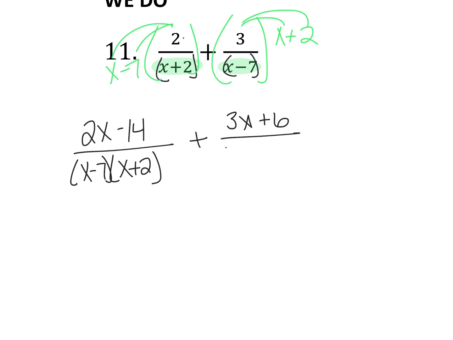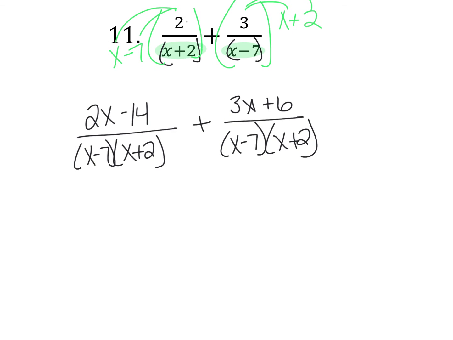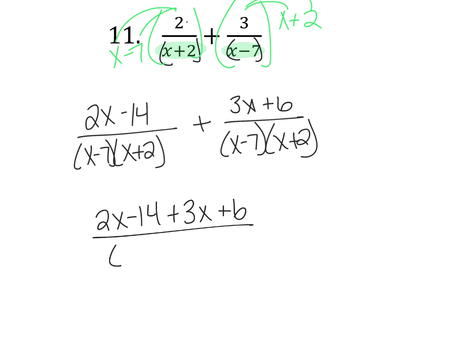And again, in my denominator, I'm going to keep this in factored form. Okay. Now I have common denominators, so I'm going to go ahead and write this as one fraction. So 2x minus 14 plus 3x plus 6 over x minus 7 and x plus 2.